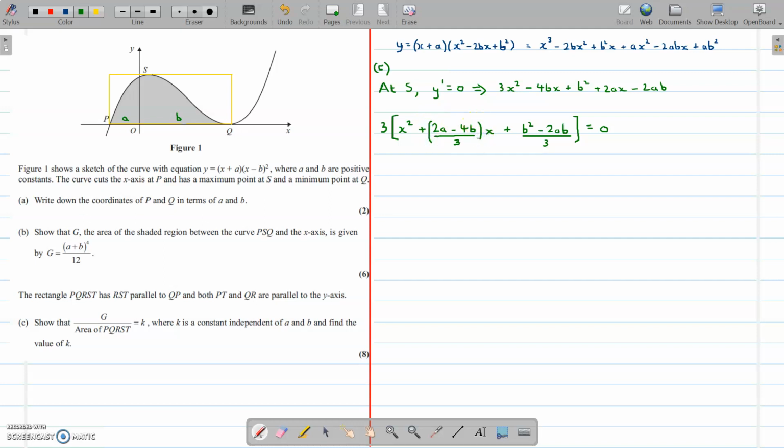That x coefficient has to be halved, so I'm going to have x plus half of that, which is a minus 2b over 3. I don't need the x there.